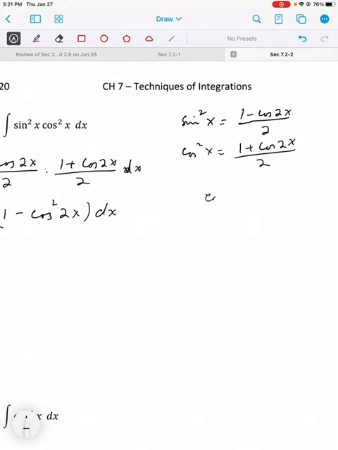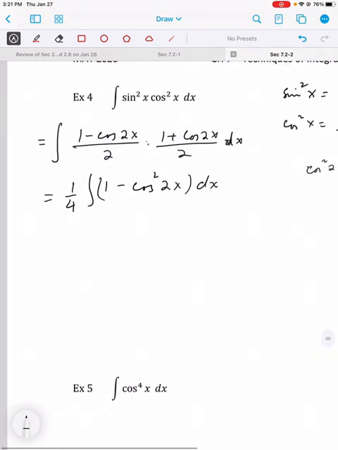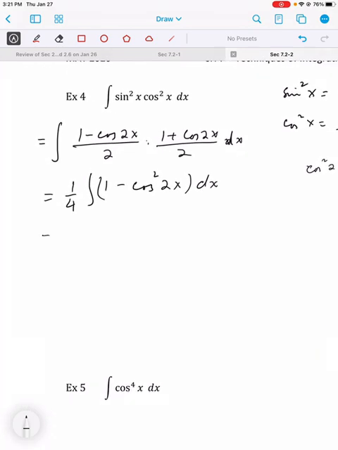So for the cosine square of 2x, we will use this formula now: 1 plus cosine of 4x over 2, and the whole thing dx.